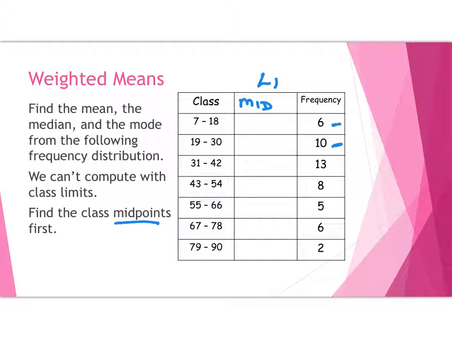Now, how do I find the middle? Well, the middle for the first class is 7 plus 18, get that answer divided by 2. 7 plus 18 divided by 2 is 12 and a half. Now I can continue that process and just average each one of these. But I could look down this column and figure out that the difference between 7 and 19 is 12.